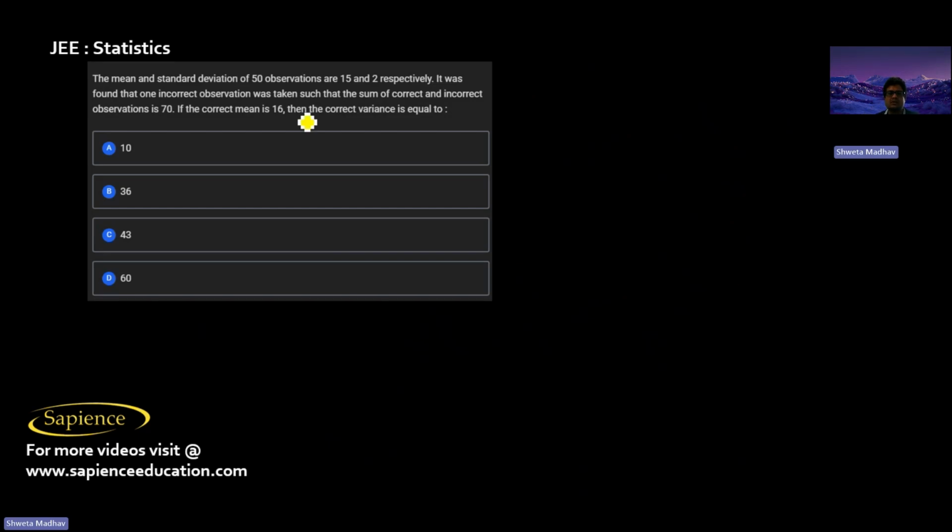Here it is told the mean and standard deviation of 50 observations are 15 and 2 respectively. It was found that one incorrect observation was taken, so that the sum of correct and incorrect observations is 70. If the correct mean is 16, the correct variance is equal to.